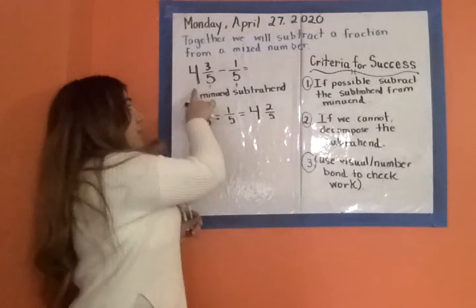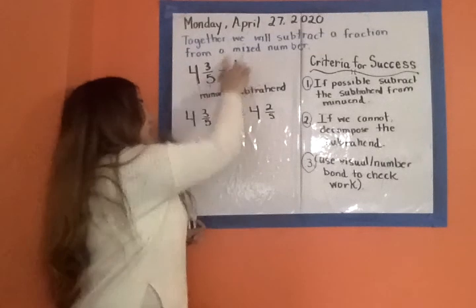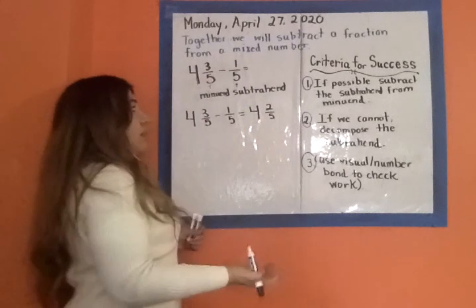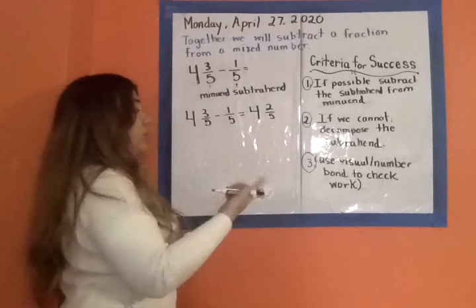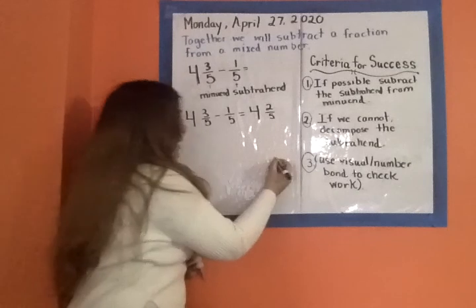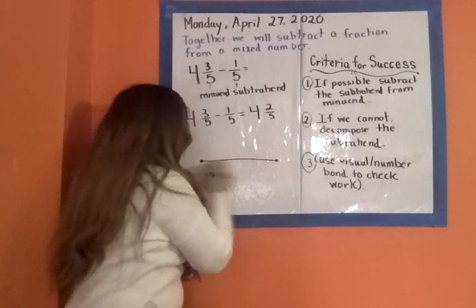So not 4, it should be 5, right? And then if I'm only subtracting 1/5, well, 1/5 is less than what whole number, right? It's less than 1. And so on my number line, I'm going to show 5 and 4. Those are my two whole numbers that are going to help me represent this problem.